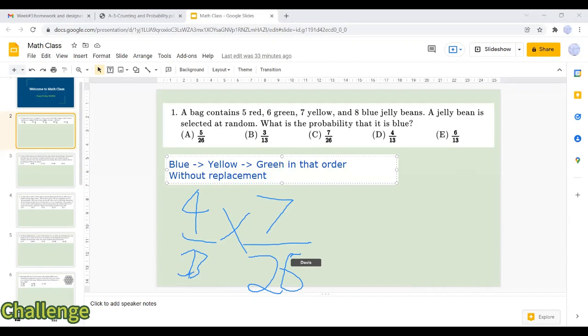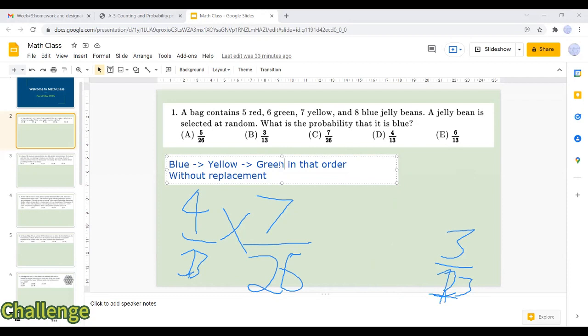But then when we add the green ones, not only do you have to find the chance, which is just 3 over 13, you also have to find the order, because you have to get it in that specific order.